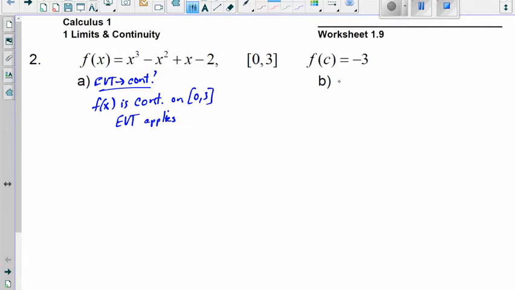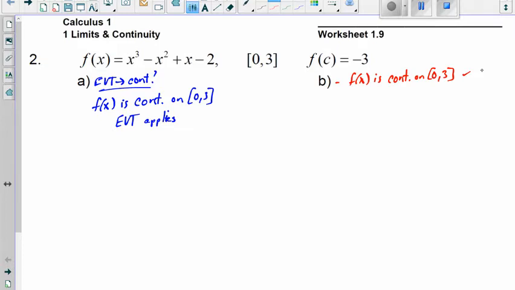The first condition is that we can say f of x is continuous on 0 to 3. Write down that statement. That's 1, check that off. If it's not continuous, say it's not continuous, so you can't do the rest of the problem. It will not apply. Okay, so f of x is continuous.